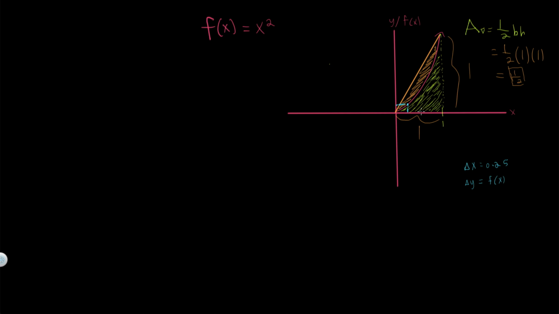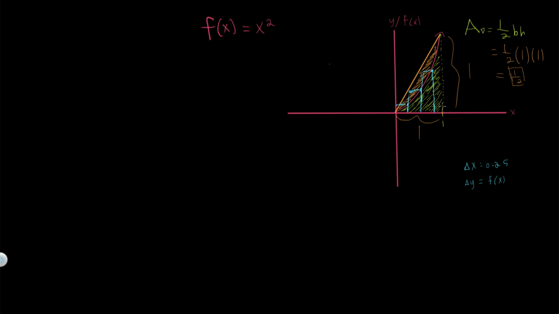And again, our height will be determined by the value of the function at that point. So our rectangle will be this right here. The next one will be 0.25 away again, and the height will again be determined by the height of the function at that point. So that rectangle right there.